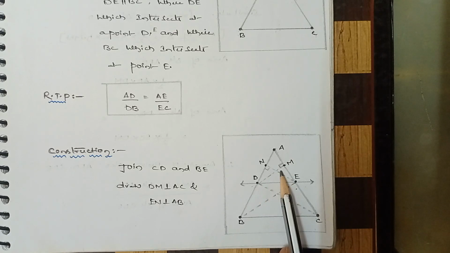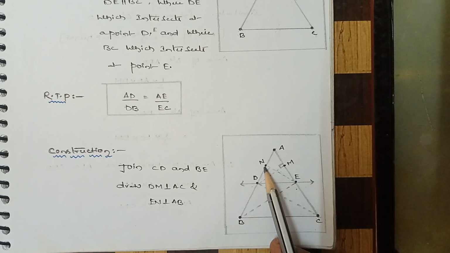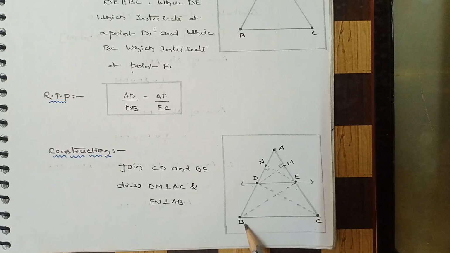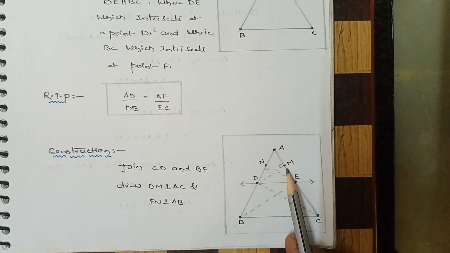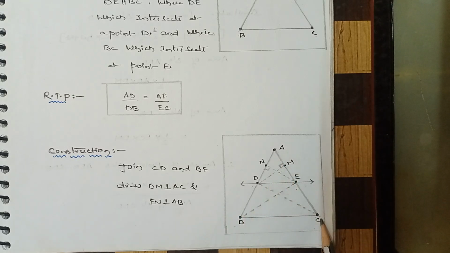DM is perpendicular to AC, and EN is perpendicular to AB.